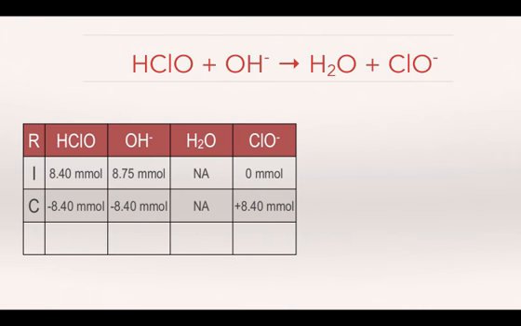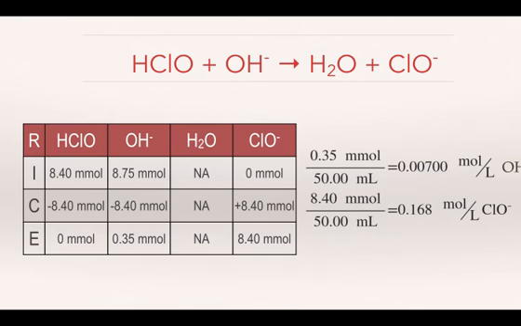Our change is going to be 8.40 millimoles. Now this is because the hypochlorous acid now is our limiting reactant. We have more moles of hydroxide. So at equilibrium, we will have 0.35 millimoles of hydroxide ions and 8.40 millimoles of hypochlorite.